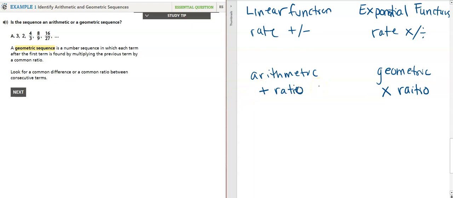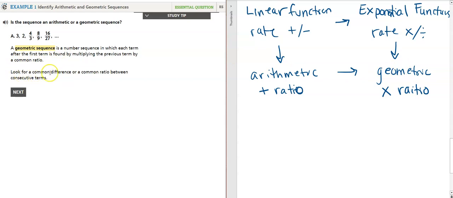That is why when we learned about linear functions we did arithmetic sequences, and now that we're learning about exponential functions, we're learning about geometric sequences.